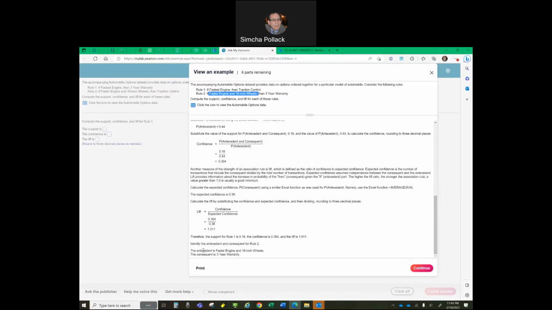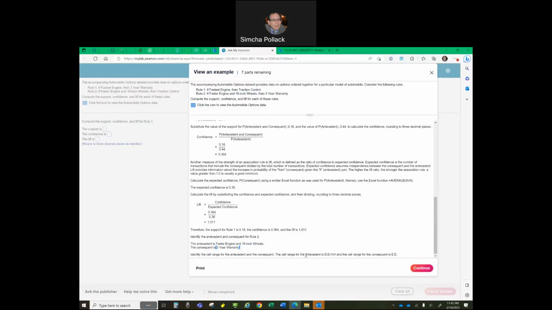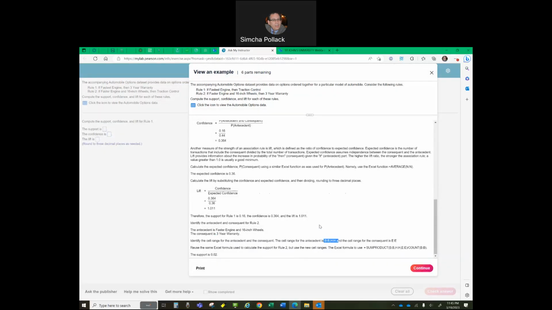We have the antecedent, which is a combined conjunction, and this is the single consequent. We have the antecedent as two arrays, B and H, but because we're dealing with ones and zeros, if you multiply this times this times this, where the 1, 1, 1 works out, you get a 1. If anything is a 0, it's going to be a 0. The count will still be how many rows we have, and they pick the first one.